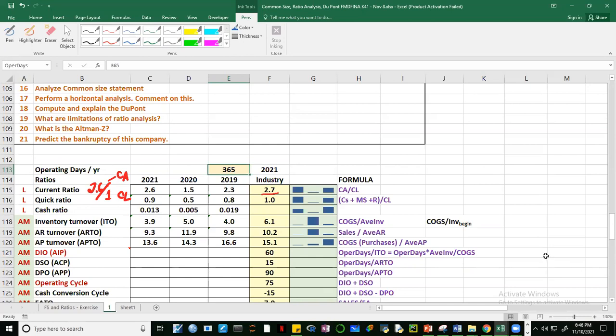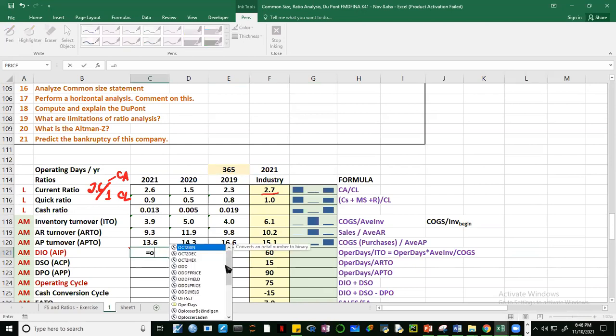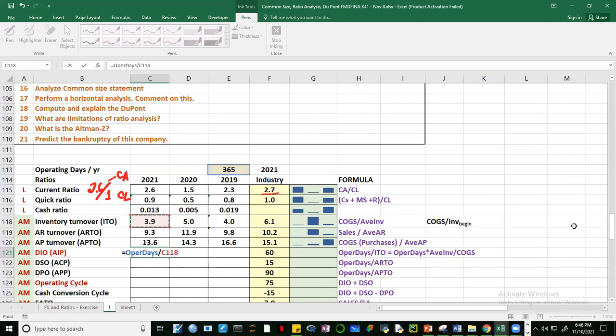Enter. Okay, so ang DIO natin will be op per days divided by ITO. Okay? Enter. 95. Okay. There.